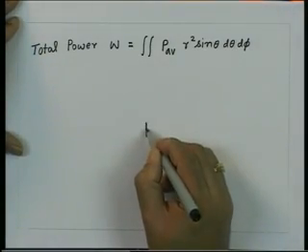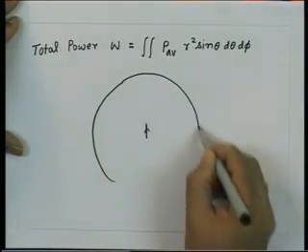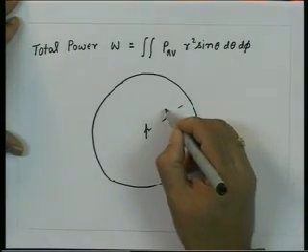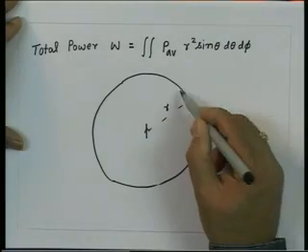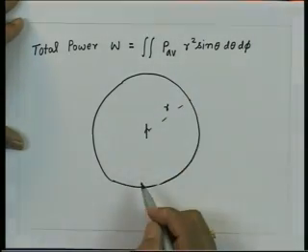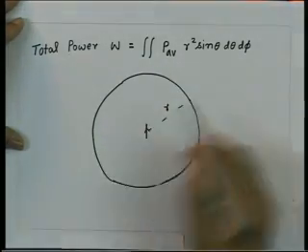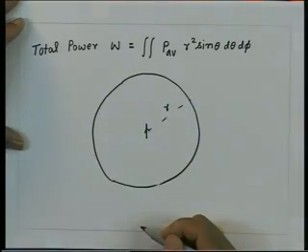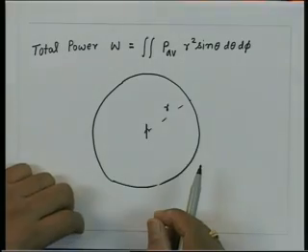We have the Hertz dipole here, we are considering a sphere around it of radius r. The incremental surface area on the surface of the sphere is r square sin theta d theta d phi. If I integrate over the total surface area, that means over all thetas and phi, then I will get the total power radiated by the Hertz dipole.